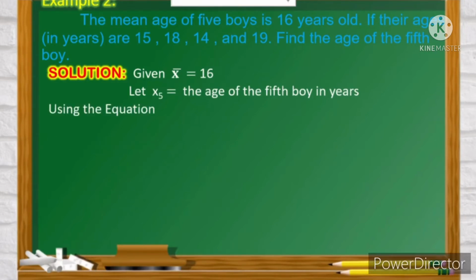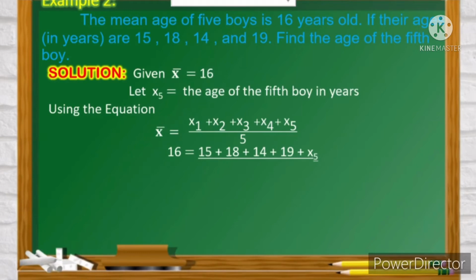So using the formula or the equation and substituting the values we have, the mean is equal to 16 is equal to 15 plus 18 plus 14 plus 19 plus x sub 5 all over 5 because we also have 5 values.